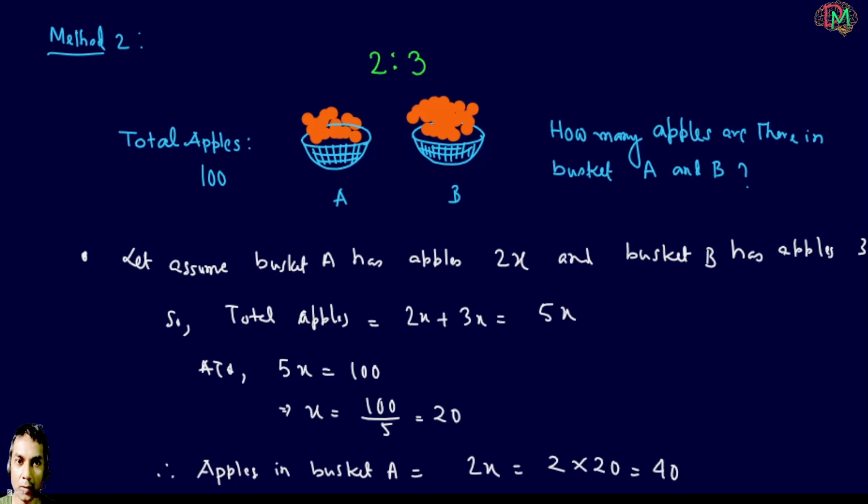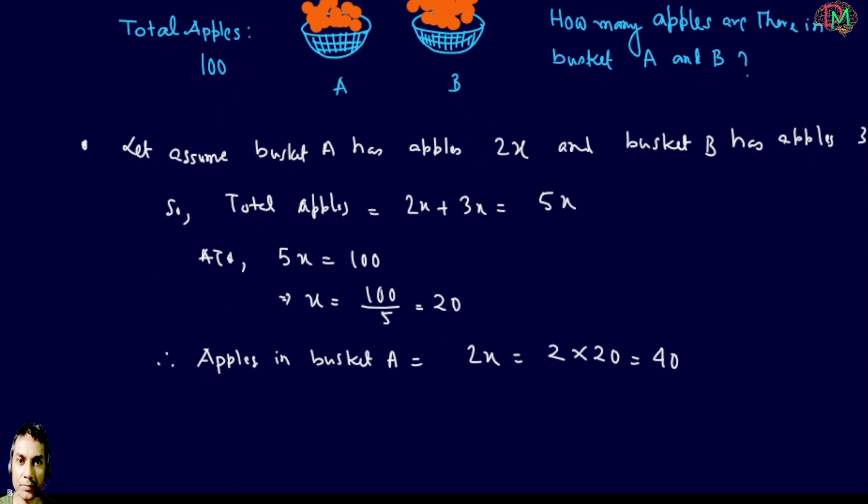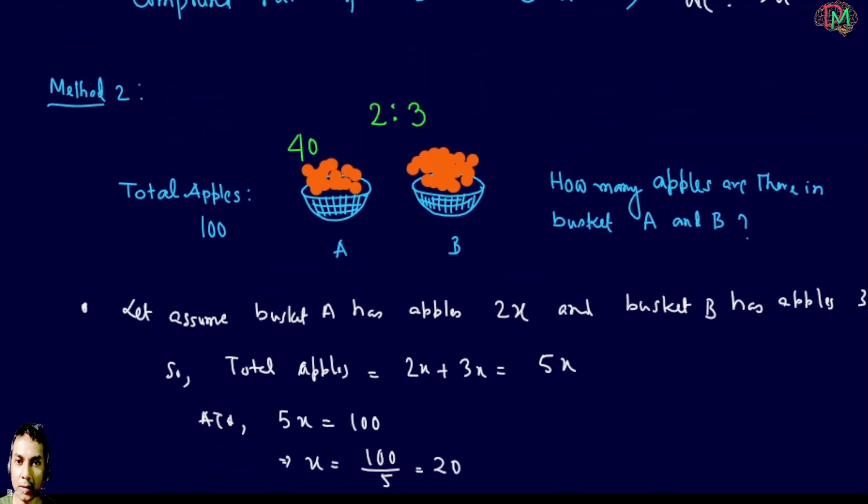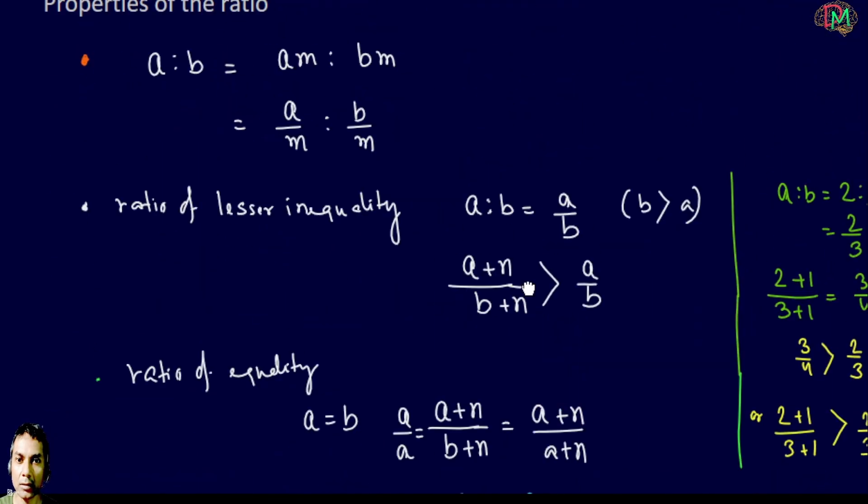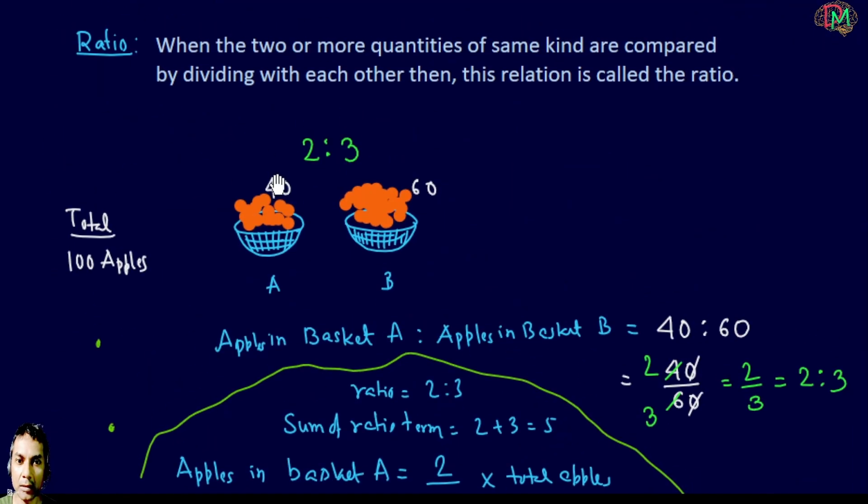So basket A has 40 apples, and how many apples are in basket B? That is 3x, so 3 into 20, so 60. Now we get the same answer. Look at this, how many apples are there? This is 40 and 60.